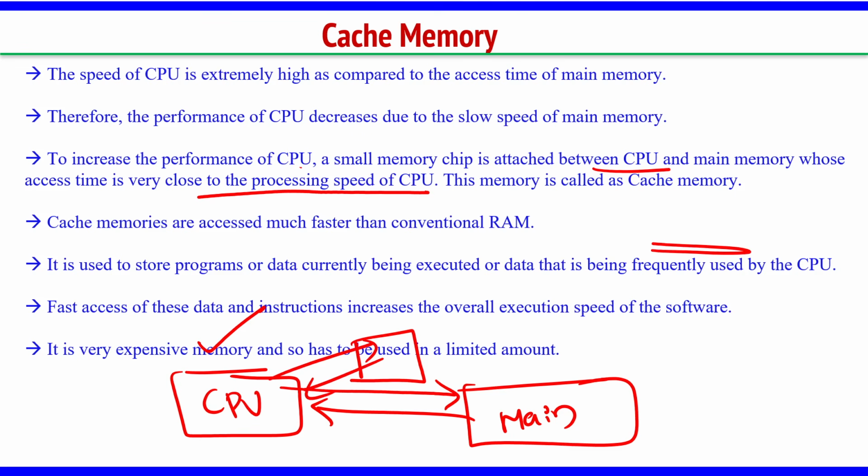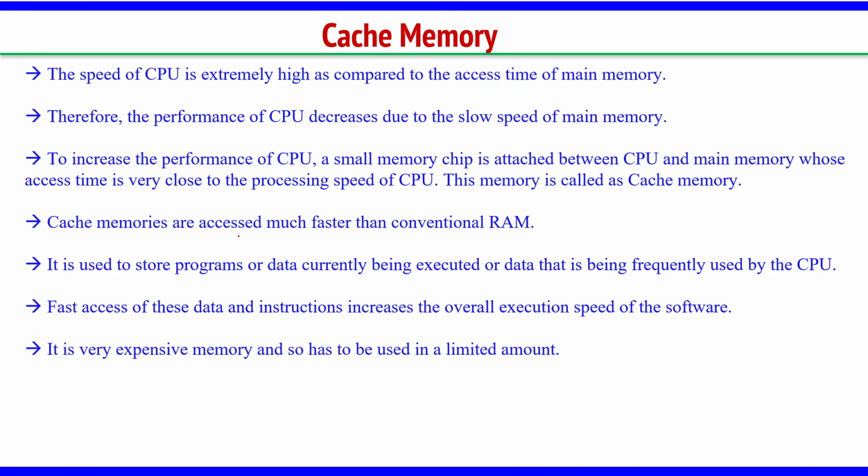This memory is called cache memory. Cache memories are accessed much faster than conventional RAM. It is used to store programs or data currently being executed or data that is being frequently used by the CPU. So whatever data I am using now can be stored in the cache memory, or something which I am using frequently I can put in the cache memory.